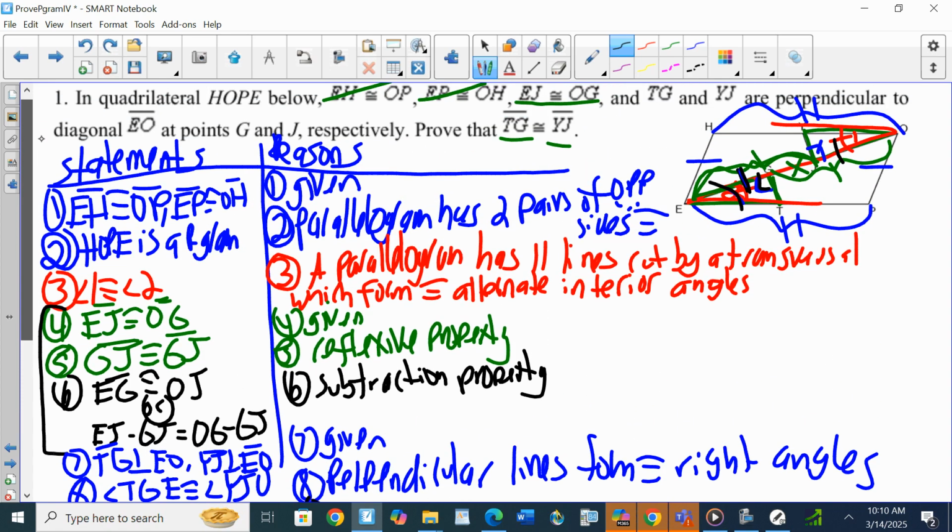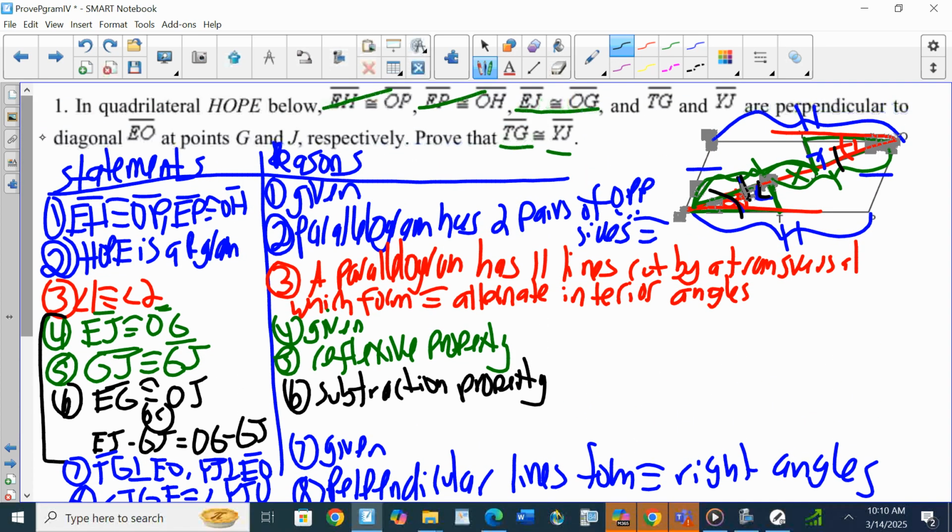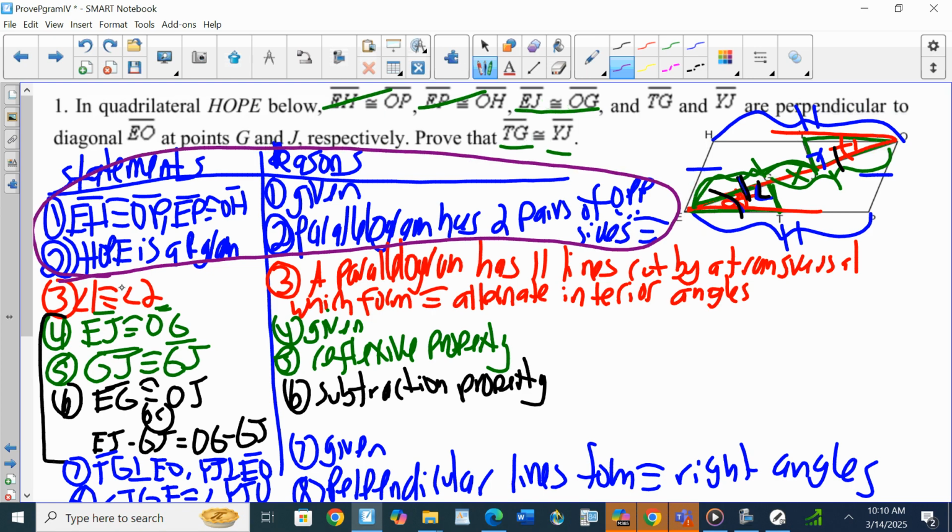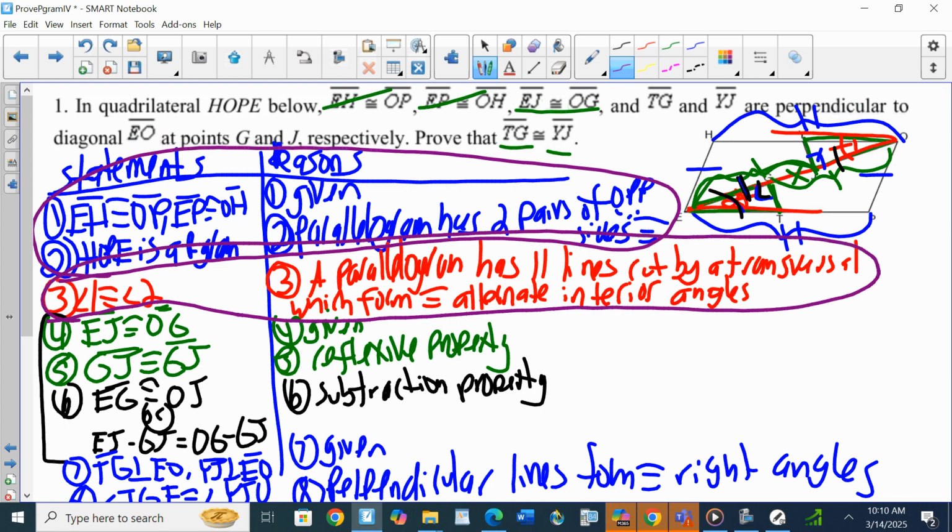So what did I do? I had to prove that it's a parallelogram. That's always what I'm going to do first. It just gave me everything, and I proved the parallelogram. Once I have the parallelogram, you're almost guaranteed to have to prove the alternate interior angles. To find the alternate interior angles, look for your diagonal. It doesn't have to be a diagonal, but it has to be a transversal, a line intersecting the parallel lines.